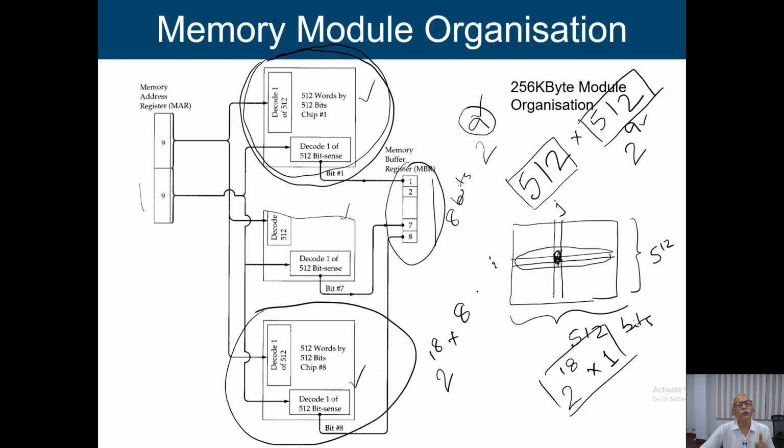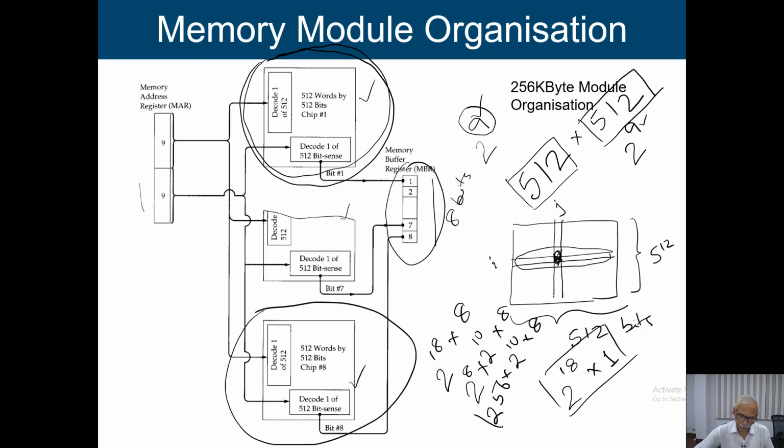We have 2 to the power 18 memory locations, and in every memory location we can store 8 bits of information. And 2 to the power 18 is 2 to the power 8 into 2 to the power 10, into 8.